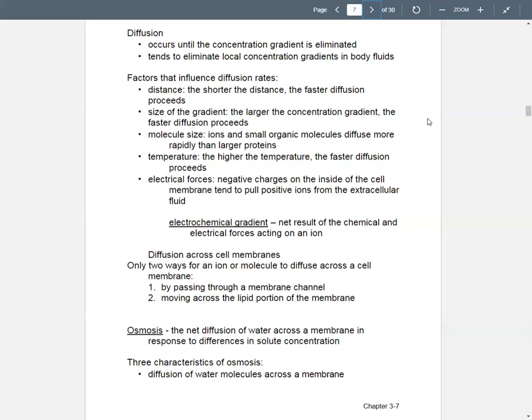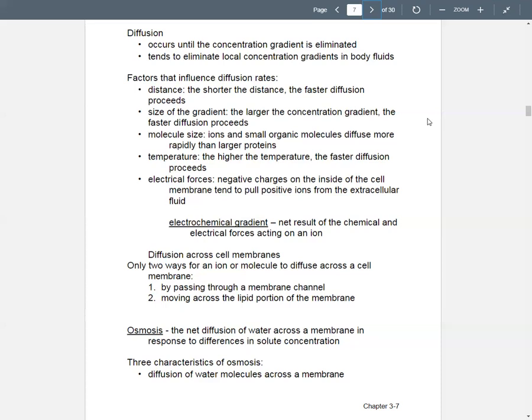Same concept. If the temperature is higher, you're going to have faster diffusion. Why? Because heat is energy. More temperature, more heat, more energy, molecules move faster.